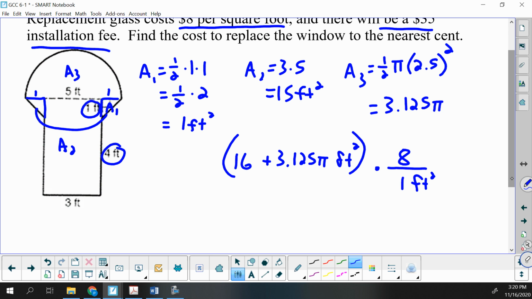So everyone take a minute, put in parentheses 16 plus 3.125. Now the pi button is down on the bottom left. You'll hit the pi and then a menu will pop up and you can select the actual pi. Close your parentheses and then times the $8. And the reason we'll know we'll end up with dollars is because you had feet squared both top and bottom.